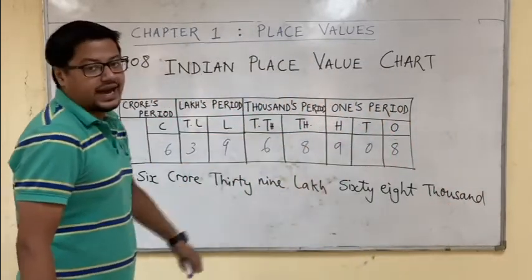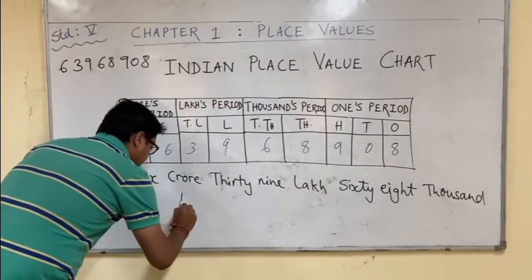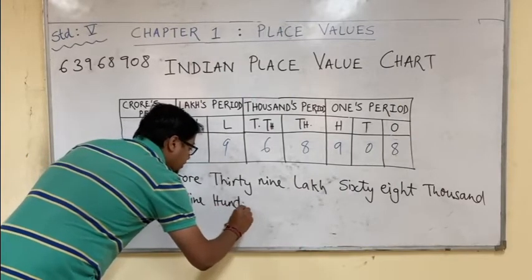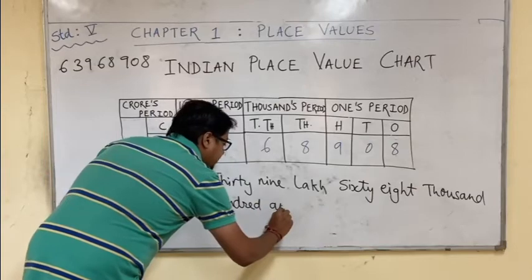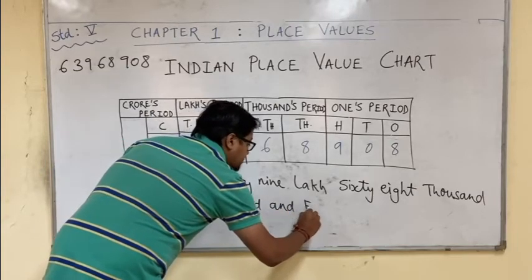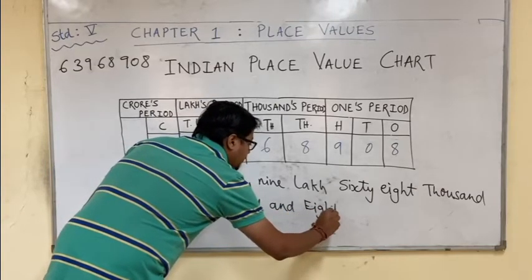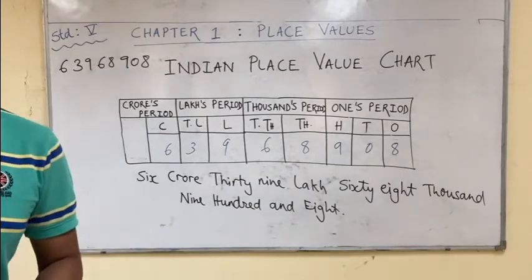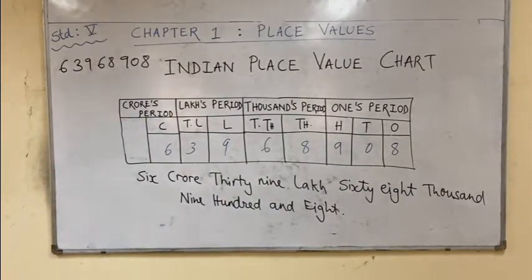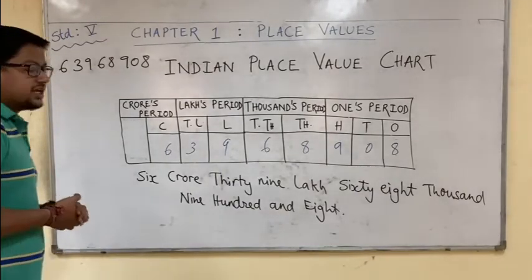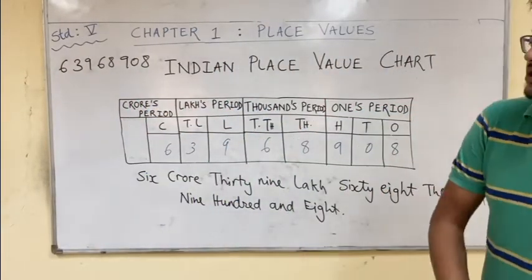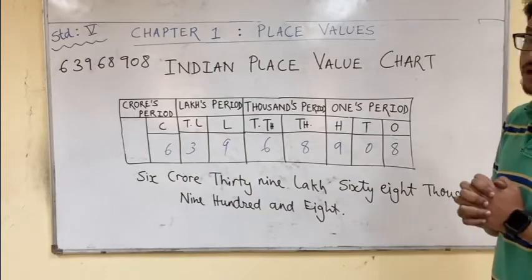Then what will come? 908. Say 900. If you want, you can put and. Even if you are not putting, that is fine. So this is how you will be doing it. 6 crore 39 lakh 68,908.